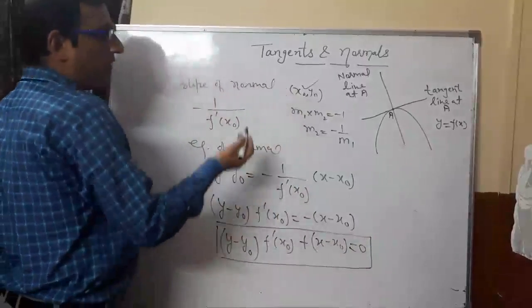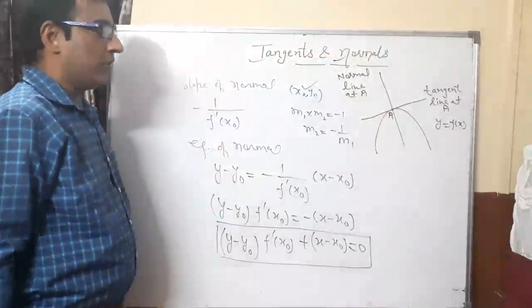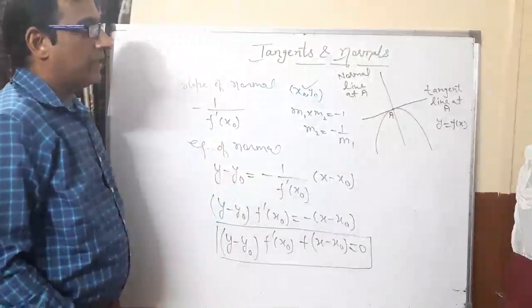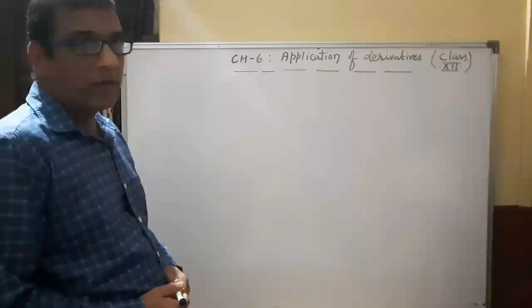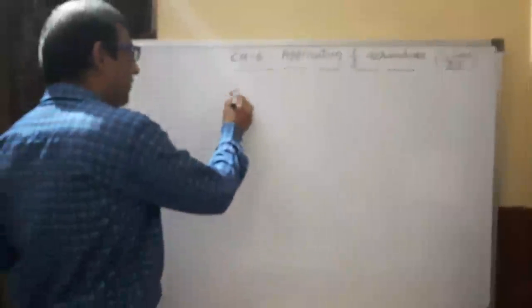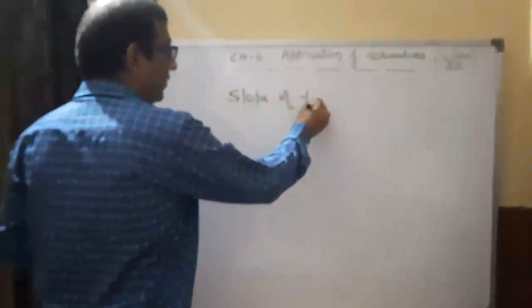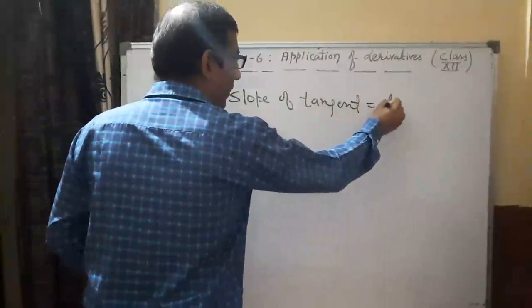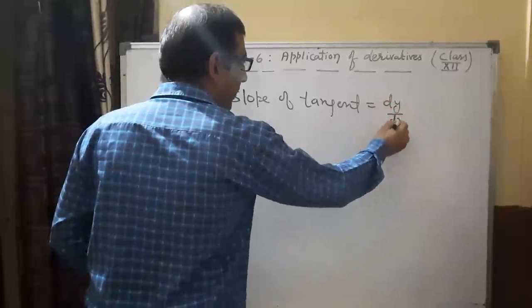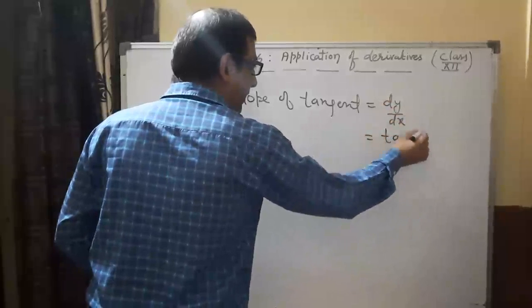With the help of the equation of tangent and normal, we will solve many questions related to the tangent and normal. The slope of the tangent equals dy by dx, and it also equals tan theta.